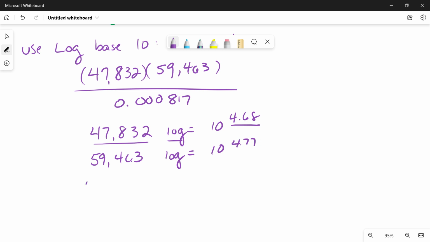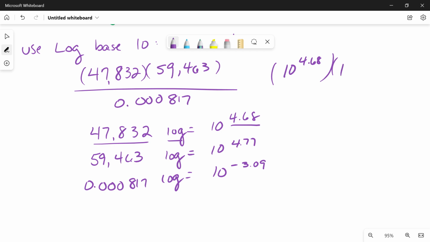And then the 0.000817 log is going to be 10 to the negative 3.09. So now I can rewrite this problem as 10 to the 4.68 times 10 to the 4.77 over 10 to the negative 3.09.